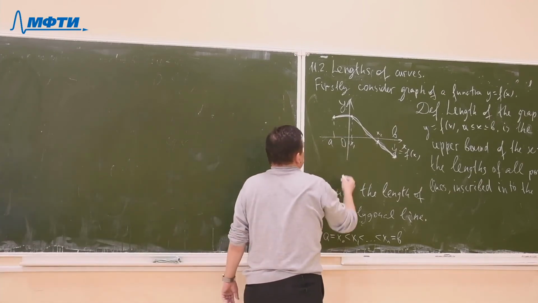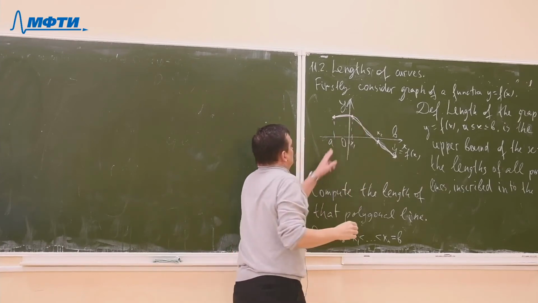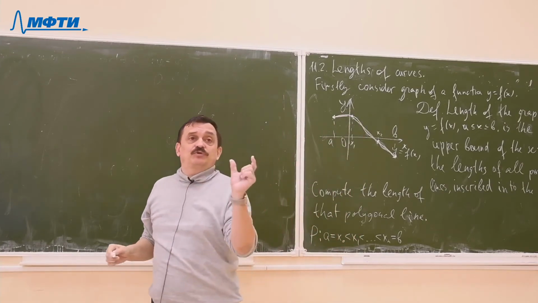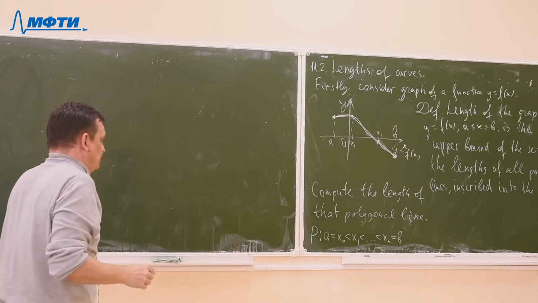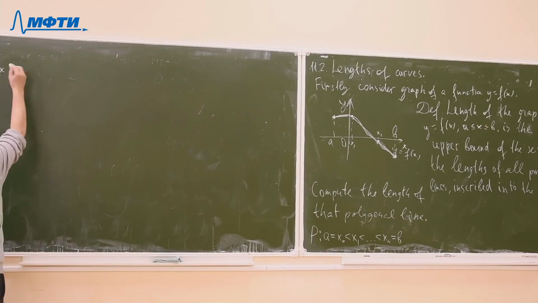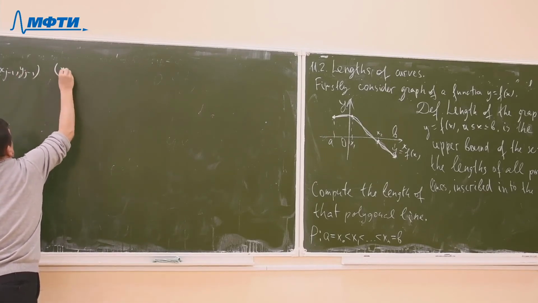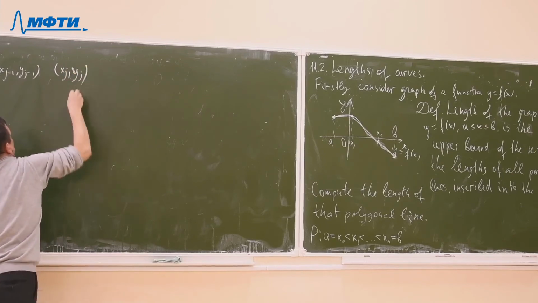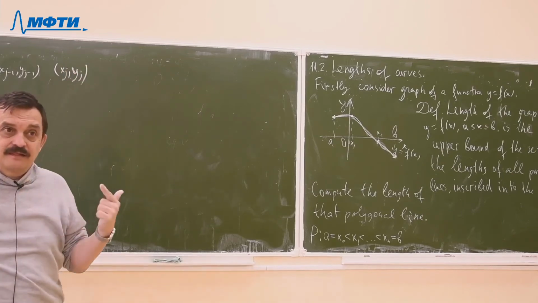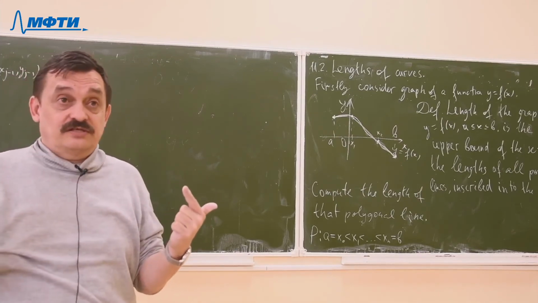So, what is the length of one straight piece of line between 2 points? We are interested in the length of a piece of line which connects those 2 points, a straight line which connects 2 points.